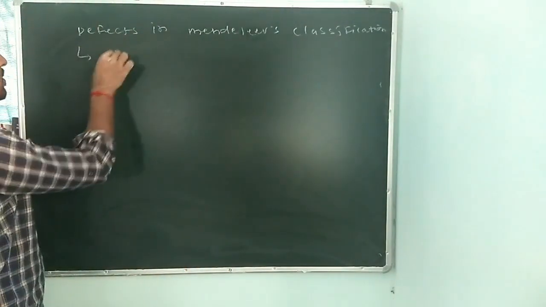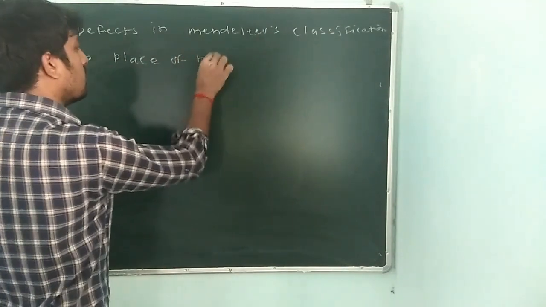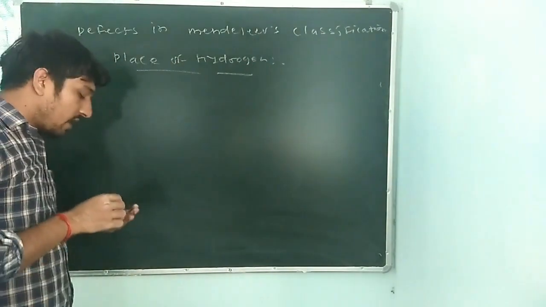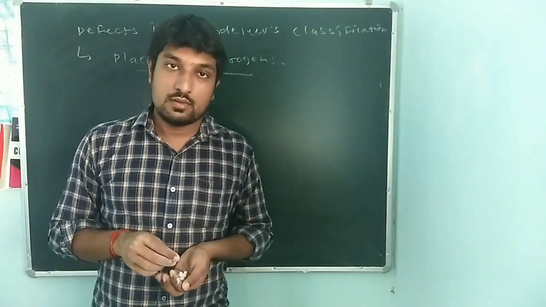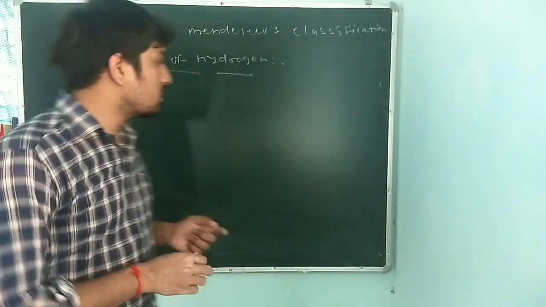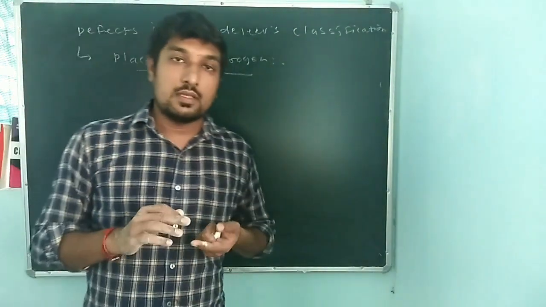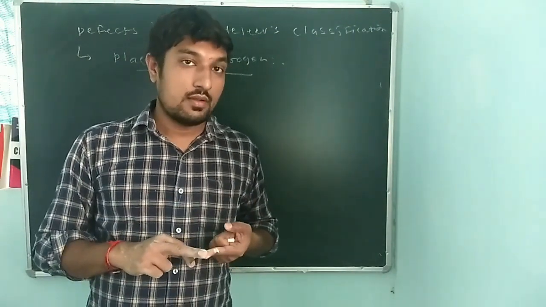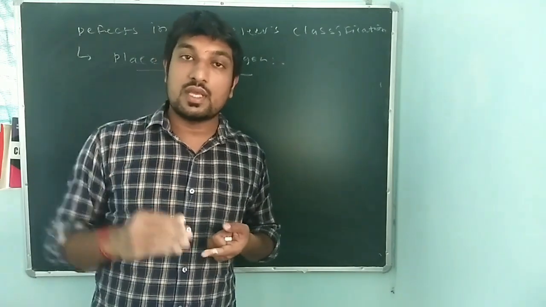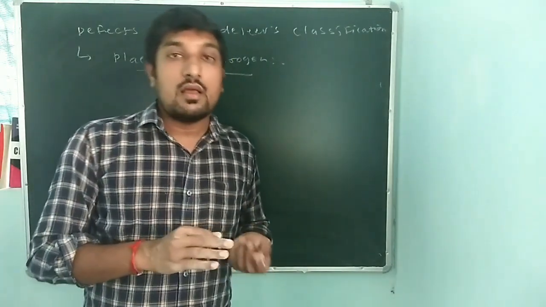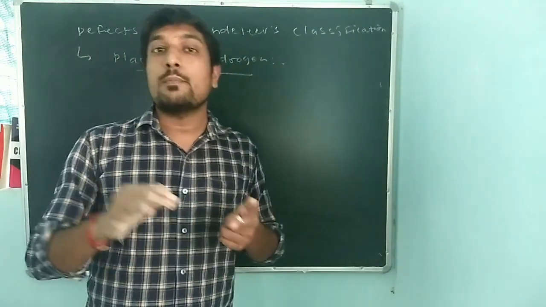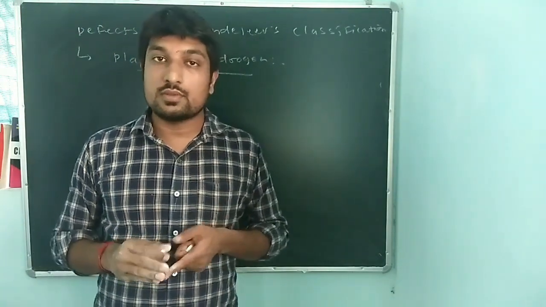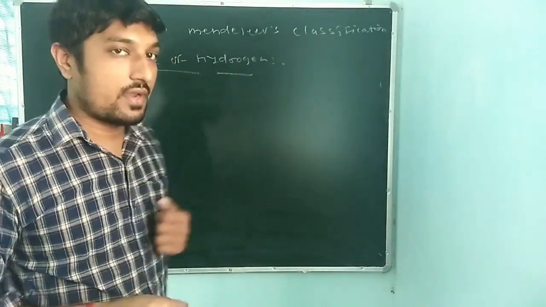First, place of hydrogen. In Mendeleev's periodic table there is no fixed place for hydrogen. In some tables we see hydrogen placed in the first group with lithium, sodium and potassium, and in another table it is placed with the halogens, in the 17th group with chlorine, fluorine, bromine. This is the first defect.